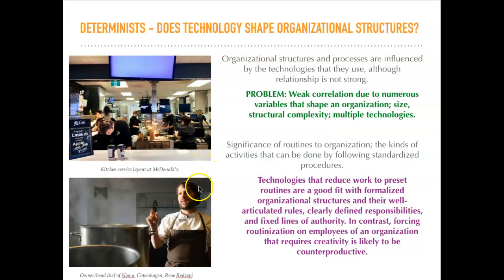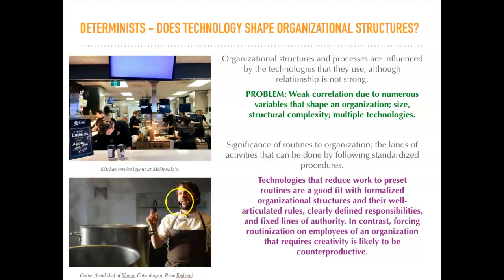You can compare that to this picture of the head chef and the owner of a very famous and prestigious restaurant. It's called Noma in Copenhagen. And you can see here that there is none of the McDonald's technology.